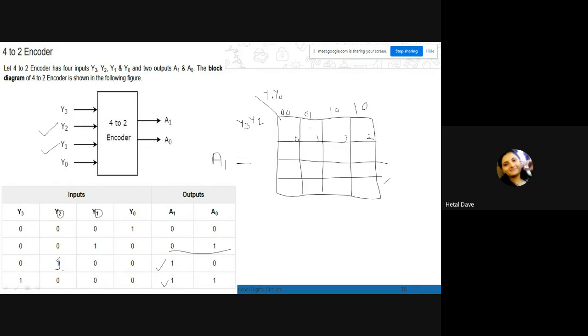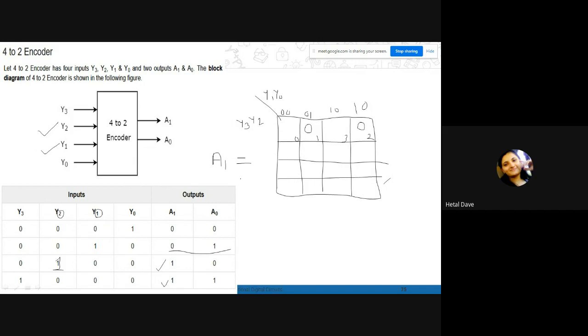Okay, where should I put 0? Now 0, 0, 1, 0: which cell should I select? 0, 0, 1, 0 is the second combination, it's 2.